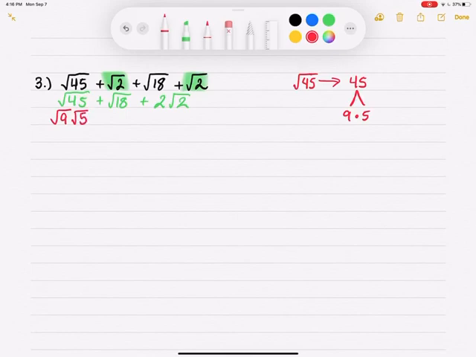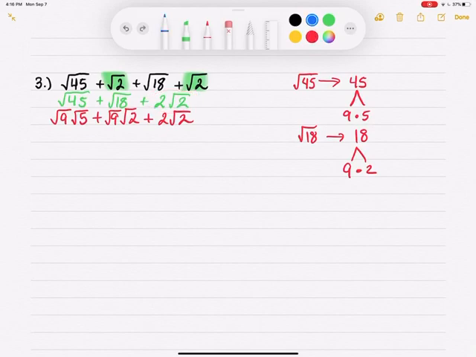If I take the square root of 18, 18 can be broken down into 9 and 2, so I would have plus the square root of 9 and the square root of 2. Plus 2 square roots of 2, which didn't change from up here. We just brought it down.